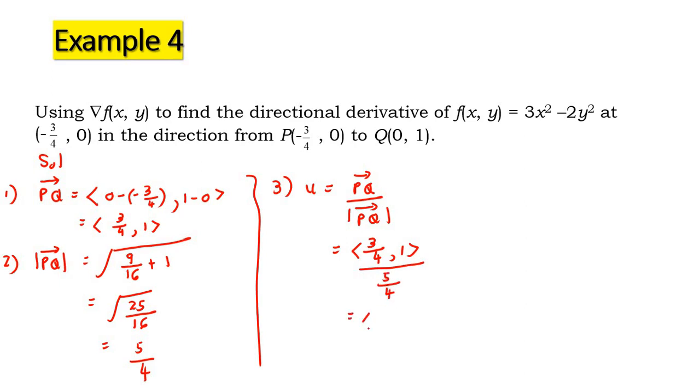Component i: 3 over 4 divided by 5 over 4, the 4s cancel, giving 3 over 5 i. Component j: 1 divided by 5 over 4 becomes 4 over 5 j. So this is a unit vector.